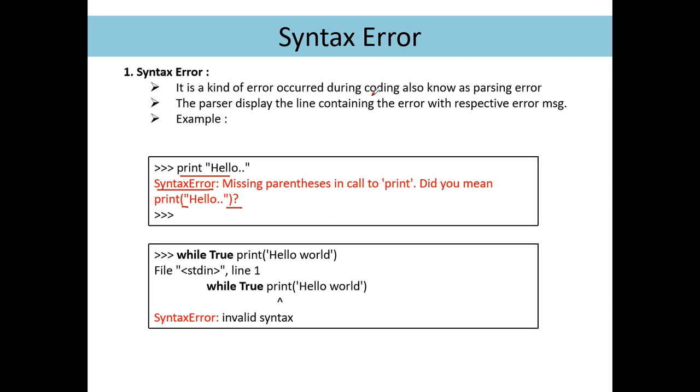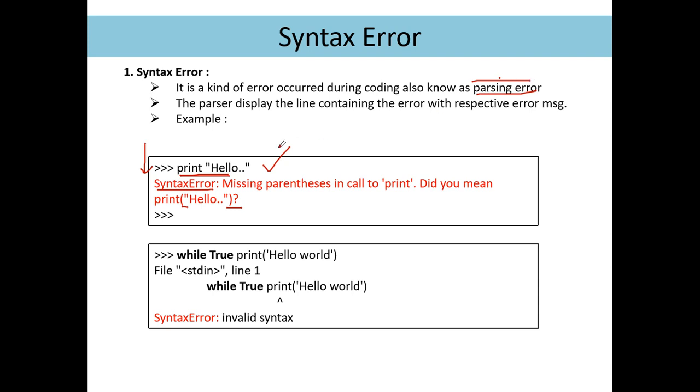It is a kind of error that occurs during coding, also known as parsing error. Parsing error means when you run this code, the Python interpreter, which is actually called a parser, will try to understand what is written here and produce the executable code accordingly.